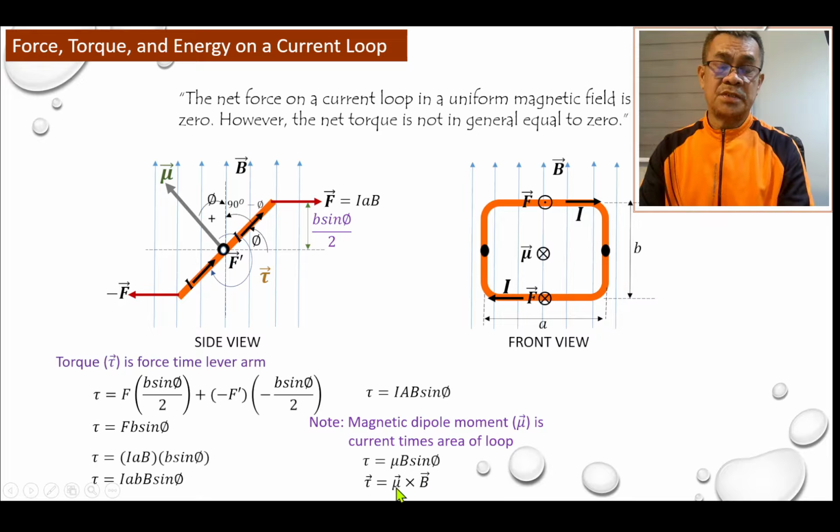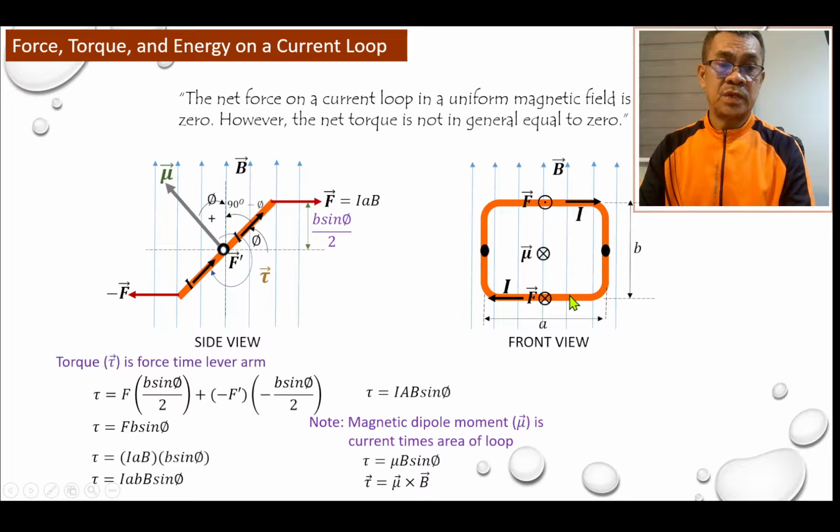Okay, and of course the dipole moment will occur if we have the current in the loop and the area. Take note, the area is the area of the loop. In this case, this is a rectangle, so the area should be A times B. So the area times I is the dipole moment. The greater the I, meaning if you increase the amount of current, the torque increases.